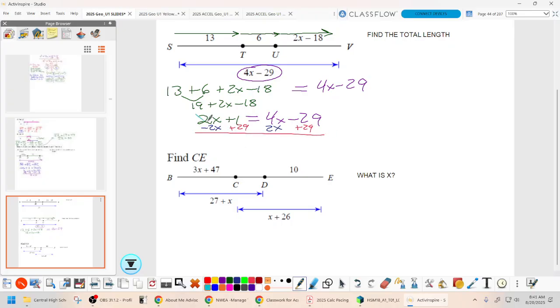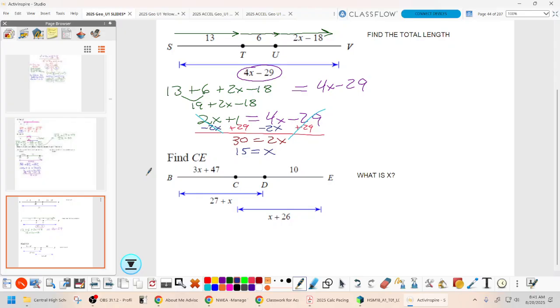And those cancel and those cancel. And we are here at 2x. That should say minus. Let me fix it. 2x equals 30, so x equals 15. It says find the total length. How do we do that? Because we have x. X is not the answer to the whole problem.